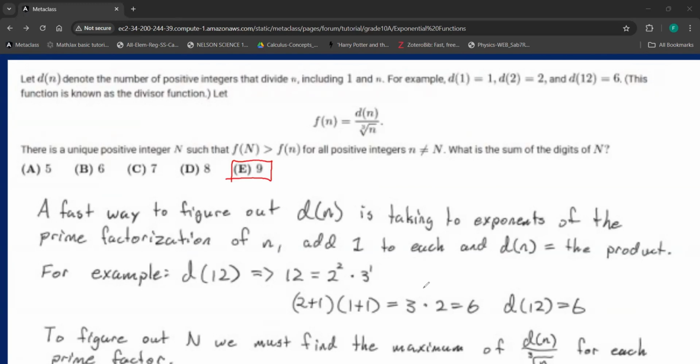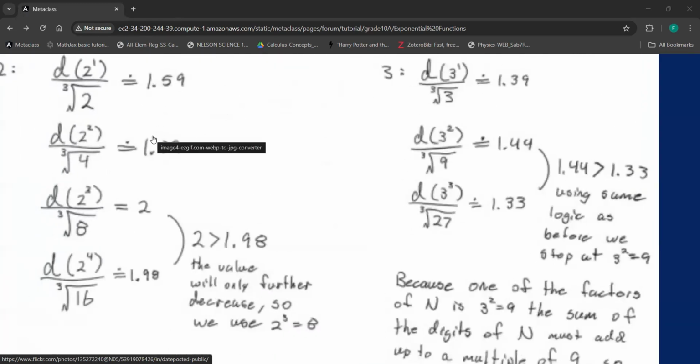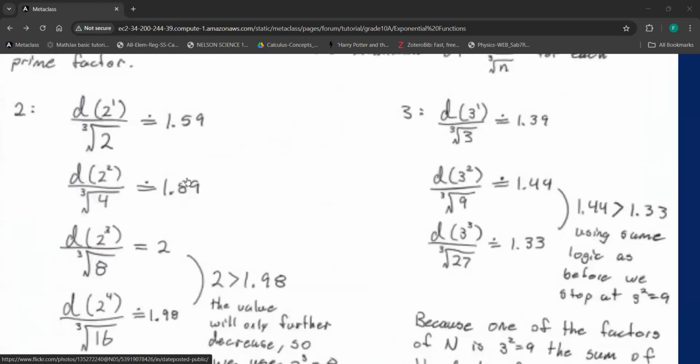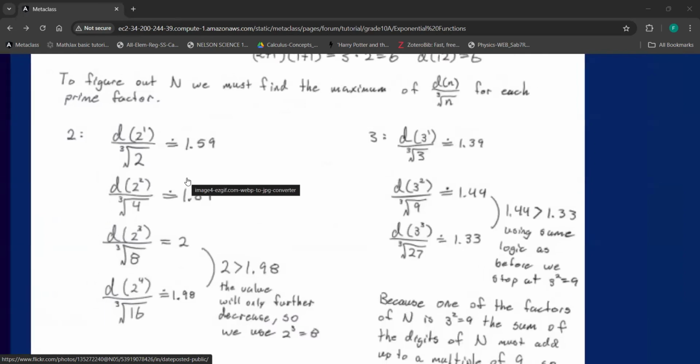Something that you could have done during the math contest was continuing the prime factors of 5 and then 7. After 7, the numbers would be too small, smaller than 1.